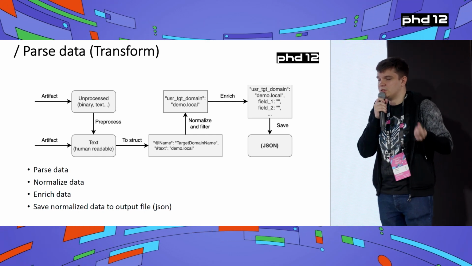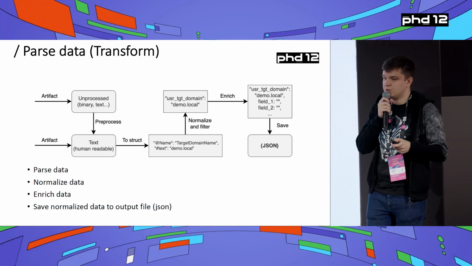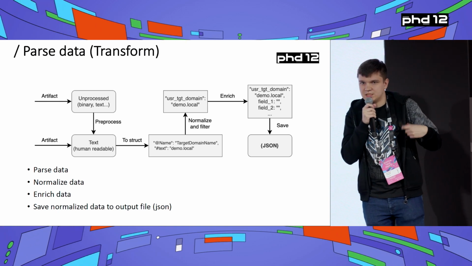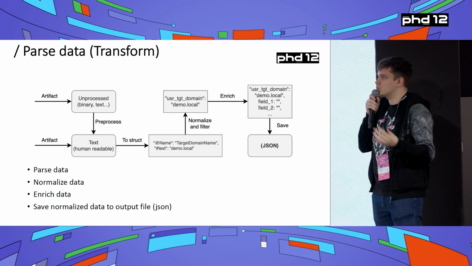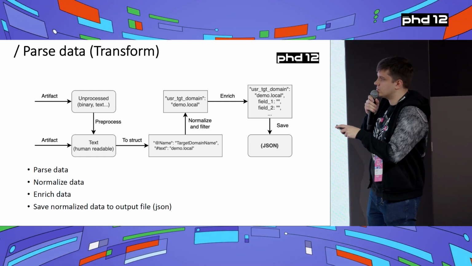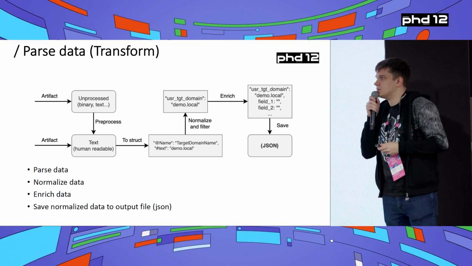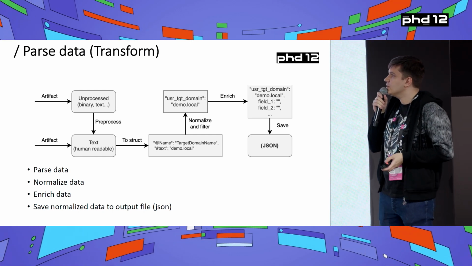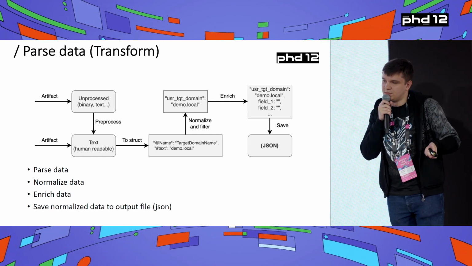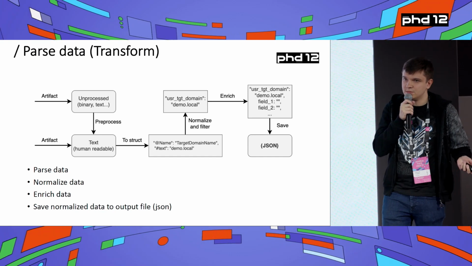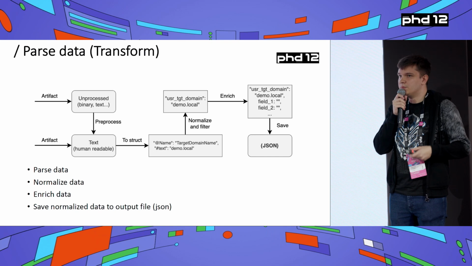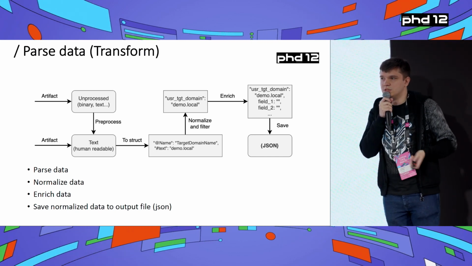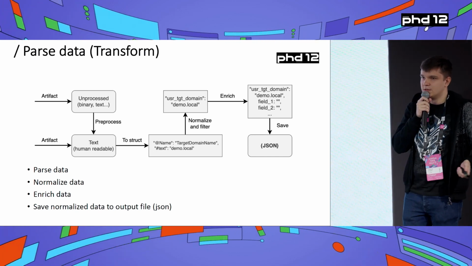It'll be used to transform the data into a readable format, and then it goes to some unified structure. So here's an example from a journal. So then you need to normalize data and to filter it so that we don't have noise in the data.